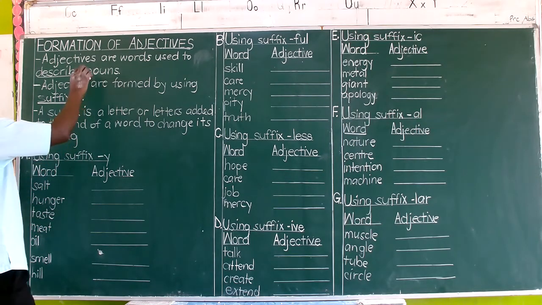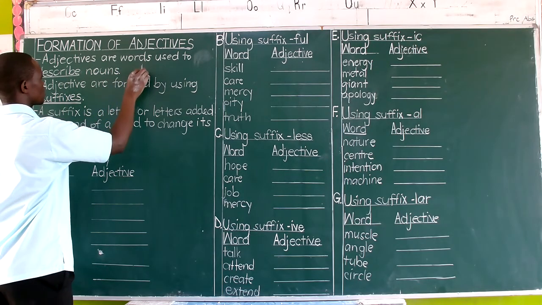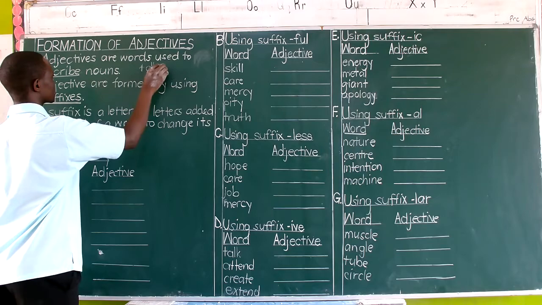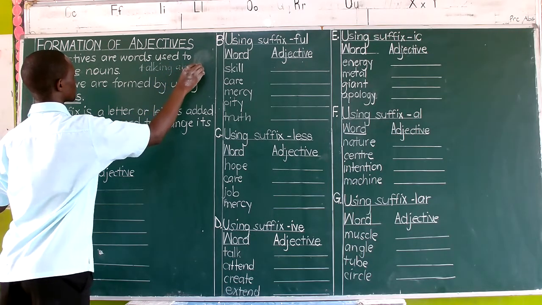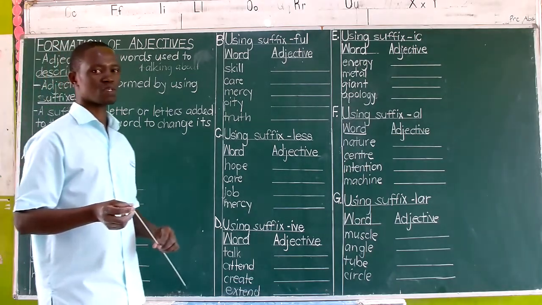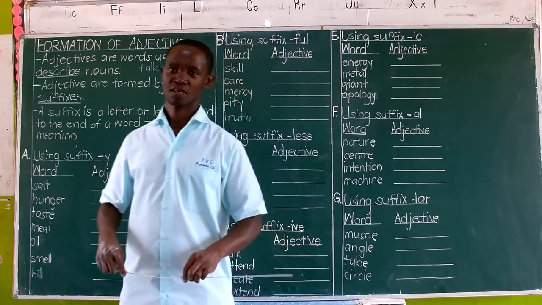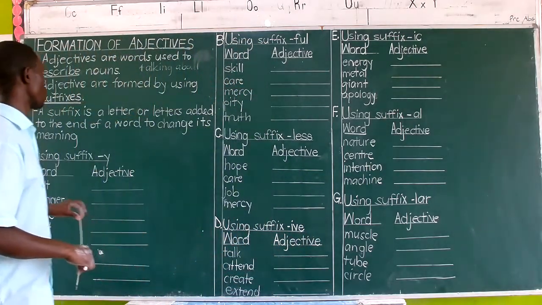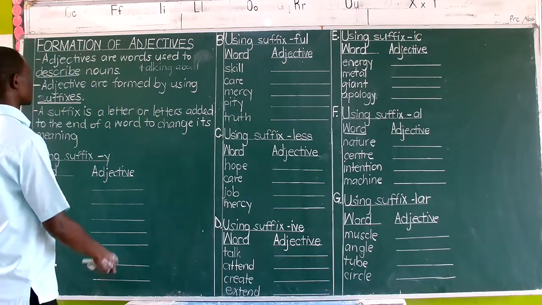So what do we mean by the word describe? By describe, we mean talking about. We use them to talk about nouns or to give more information about nouns. When we give more information about nouns, it means you are going to know which noun we are meaning, and therefore you can easily identify it from the rest.